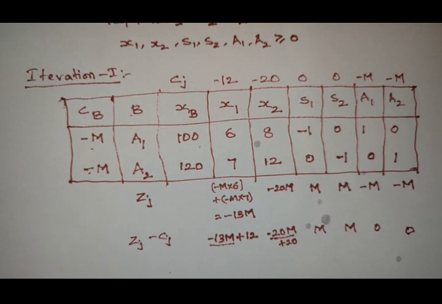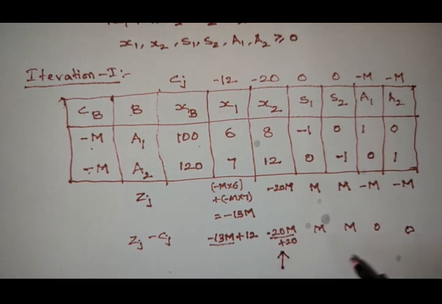In order to identify the key column, we need to select the most negative value. Between minus 13M and minus 20M, what is the most negative value? It is minus 20M. So this will become the key column.